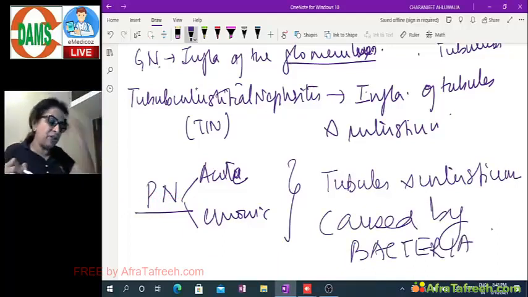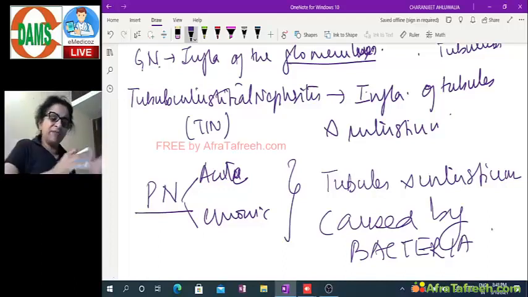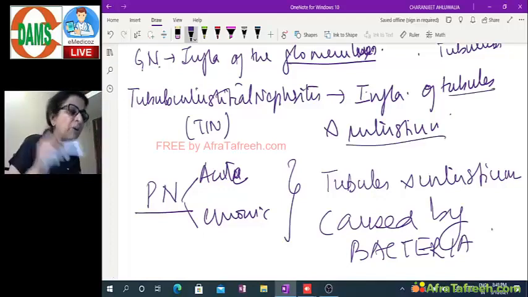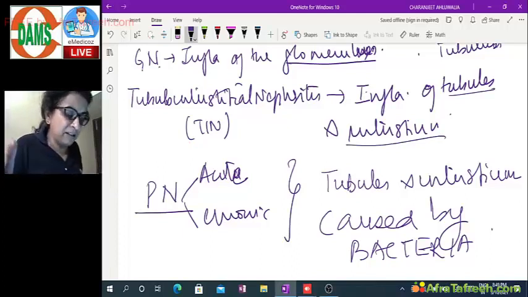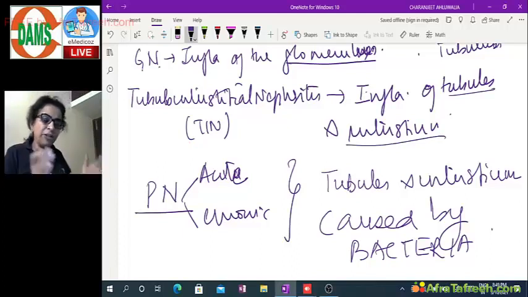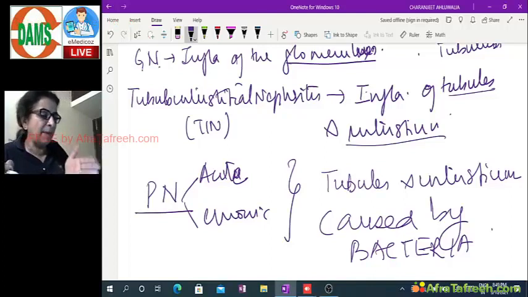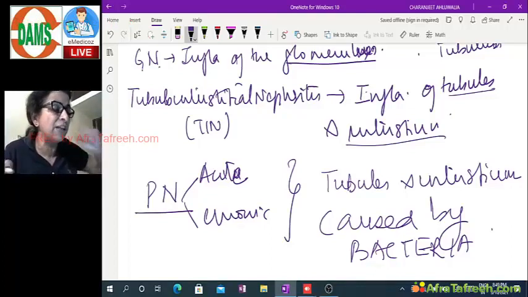So when inflammation of tubules and interstitium is caused by bacteria, we use the term pyelonephritis. Otherwise, if there is inflammation of tubules and interstitium due to other reasons, we call it tubulointerstitial nephritis. So inflammation of the glomerulus is glomerulonephritis. Inflammation of tubules and interstitium caused by bacteria is pyelonephritis, which can be acute or chronic, and inflammation of the tubules due to other reasons is called tubulointerstitial nephritis.